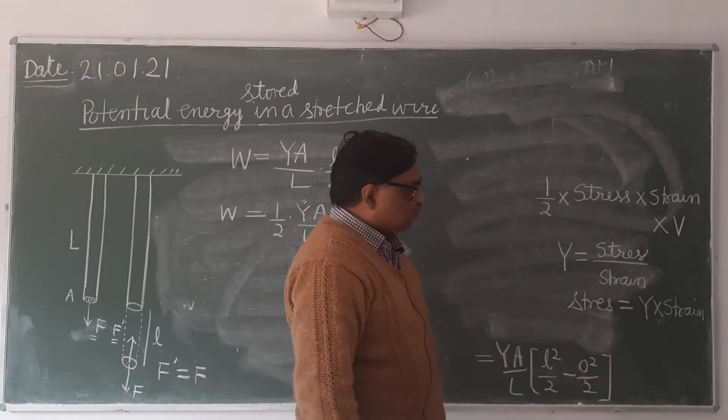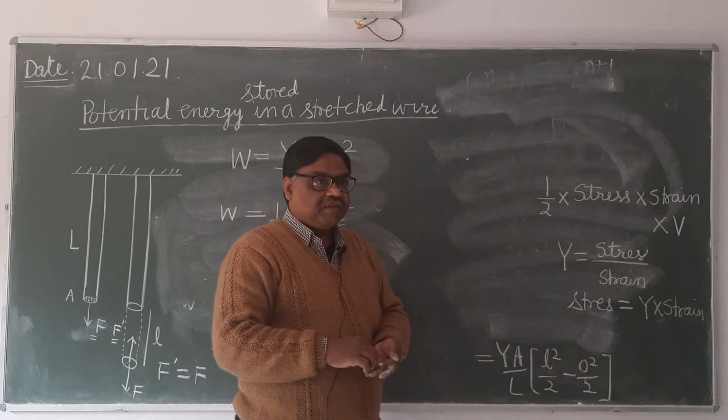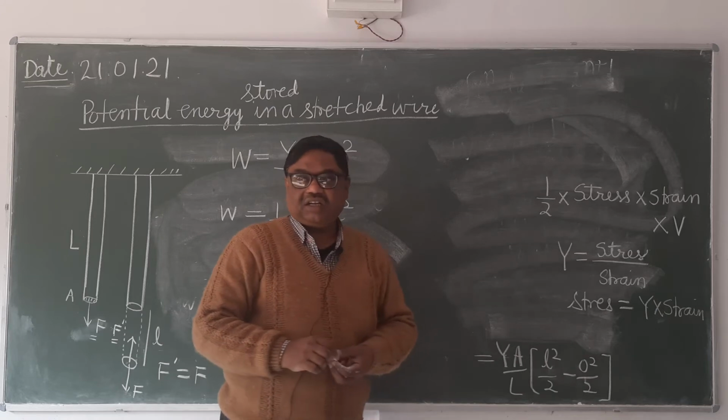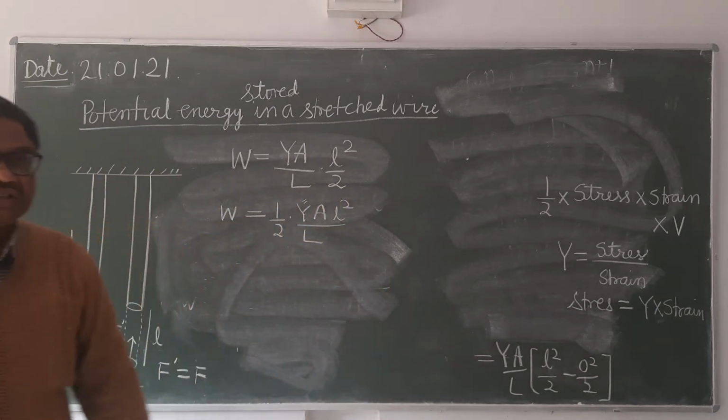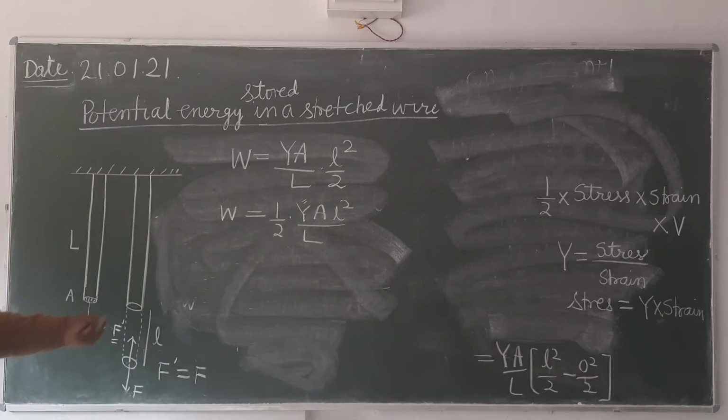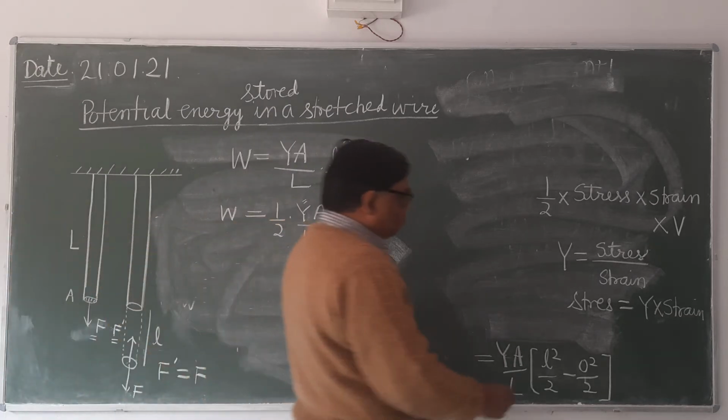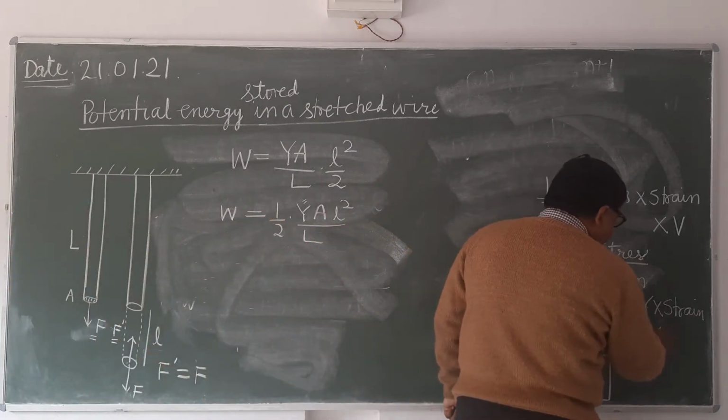And what is the formula of strain? How much will strain be here? Strain is the fractional change per unit original size. So what will be strain here? Small l upon capital L, which means stress is y into small l upon capital L.